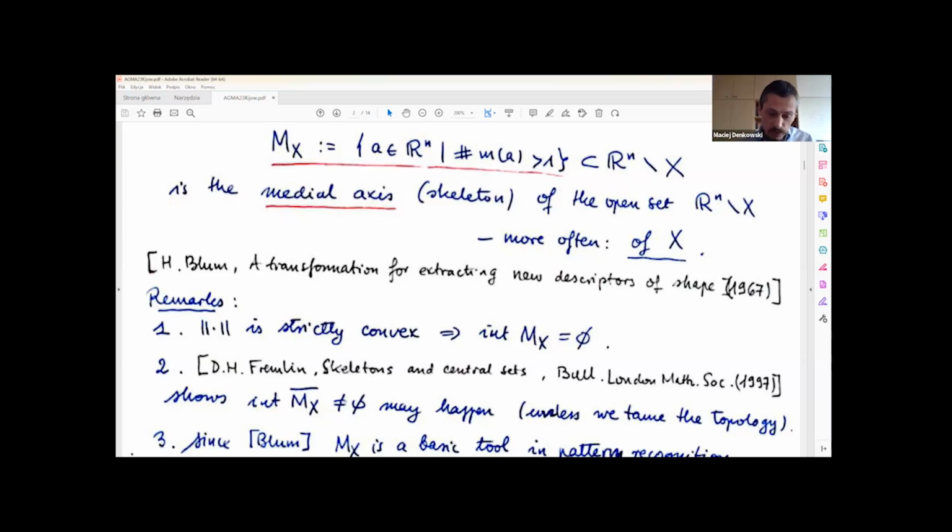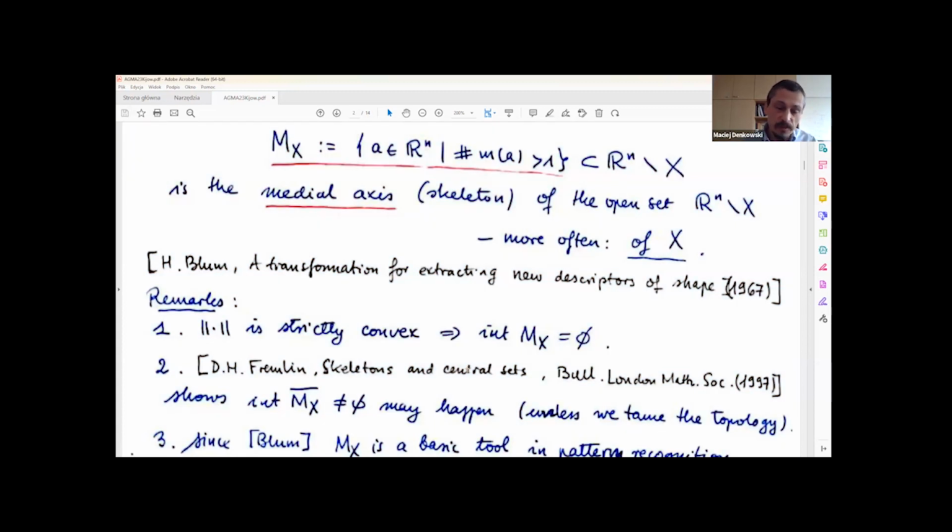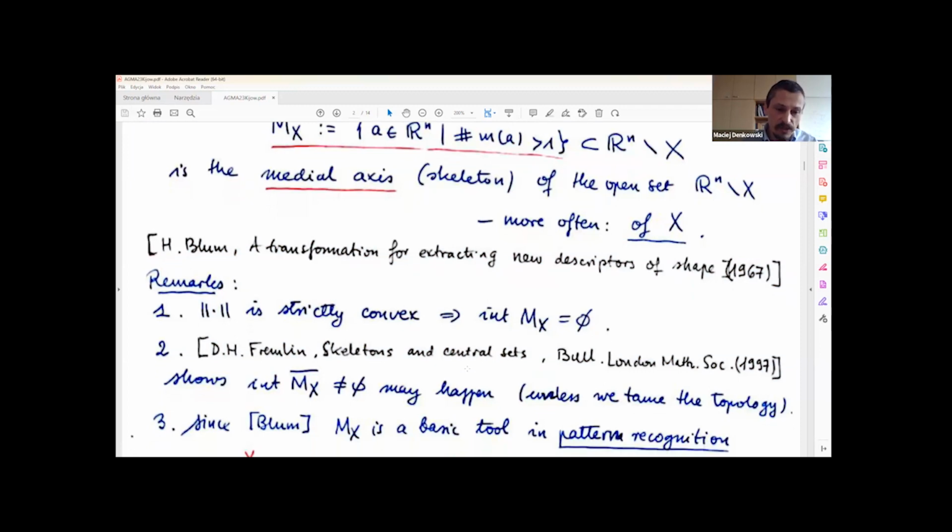So if we want to somehow avoid topological pathologies, we should tame the topology, tame the geometry, and the right setting for this, we will see in a moment, is semi-algebraic geometry or minimal structures, subanalytic geometry.